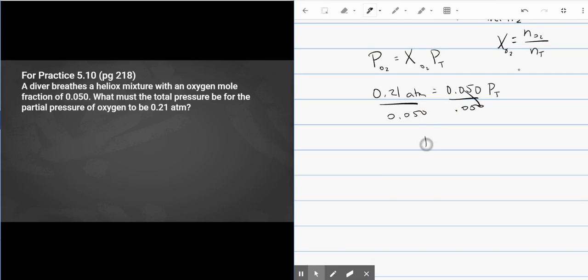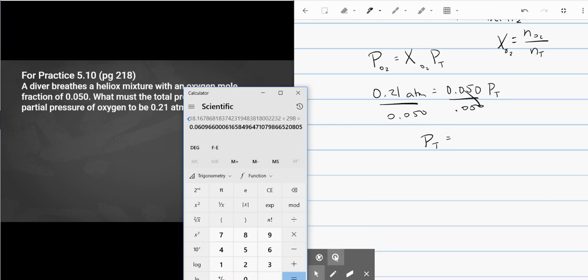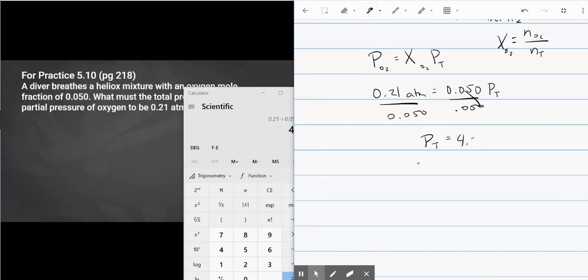Those will cancel out, and the total pressure has to be 0.21 divided by 0.05 equals 4.2 atmospheres. Okay, which is reasonable for a diver.